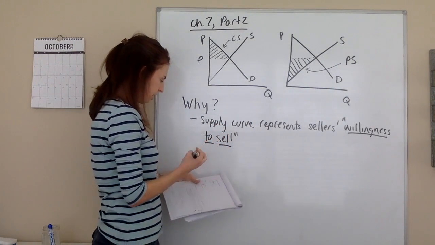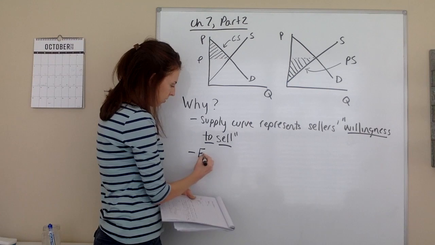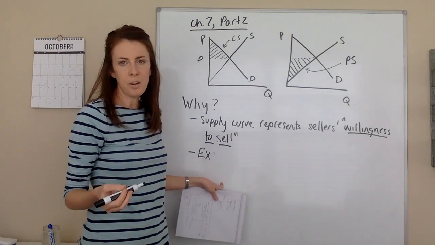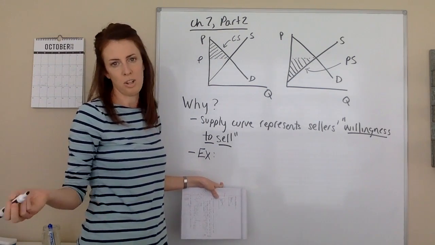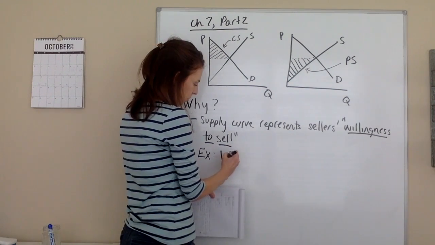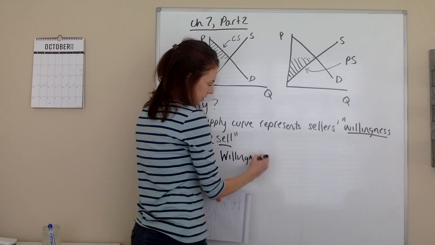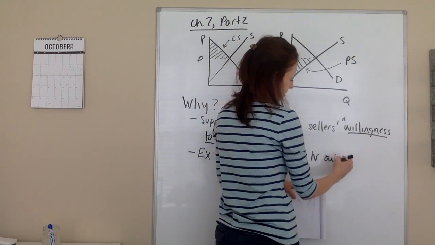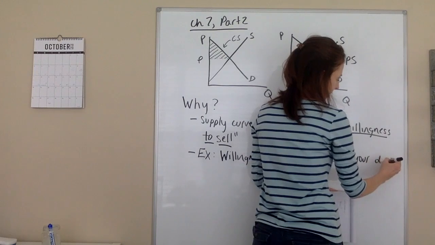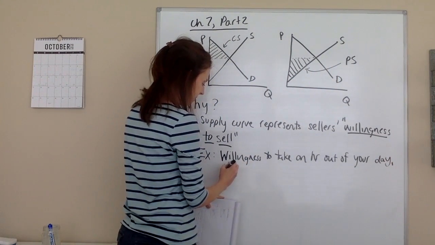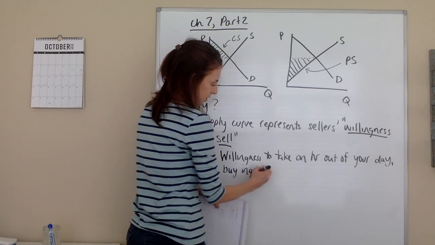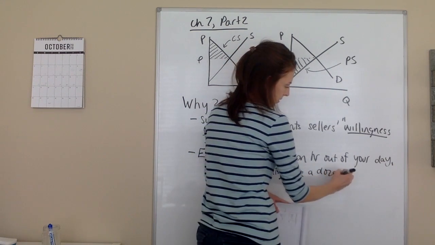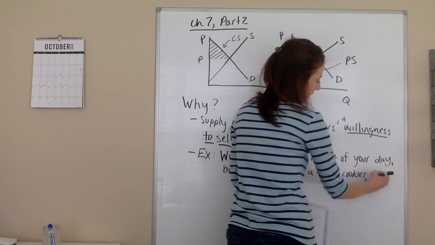Let me give you a concrete example. Let's think about somebody's willingness to take an hour out of their day, buy ingredients, bake a dozen cookies, and sell them.